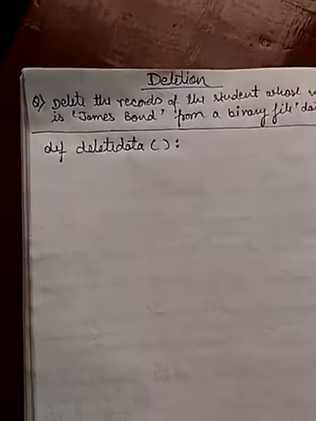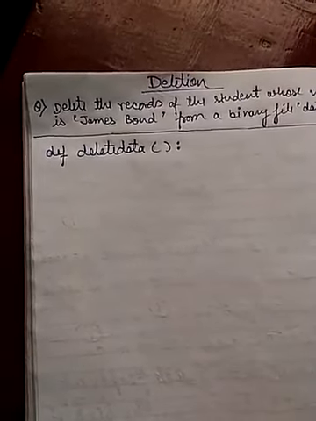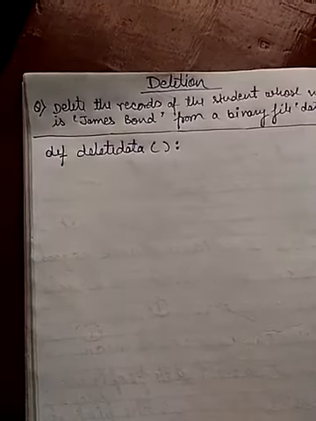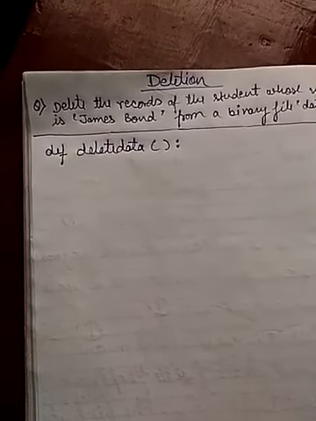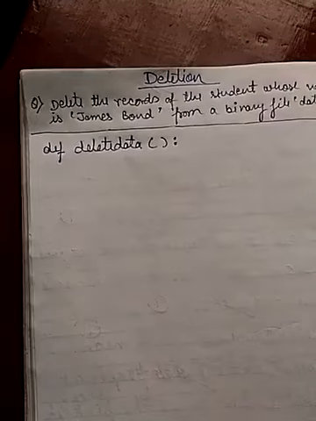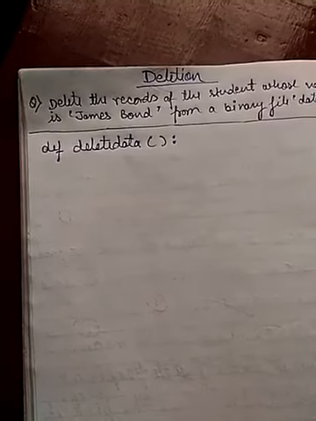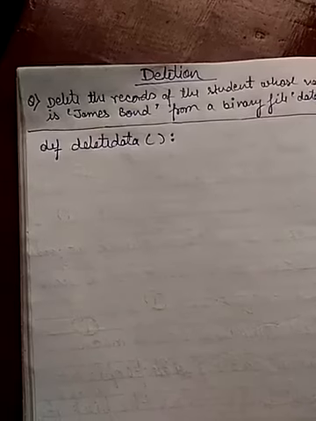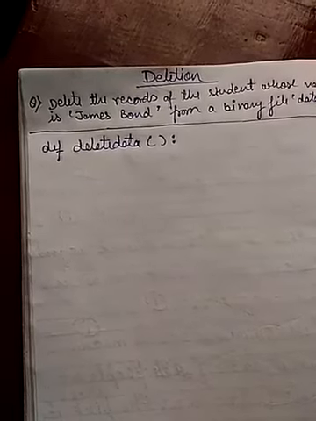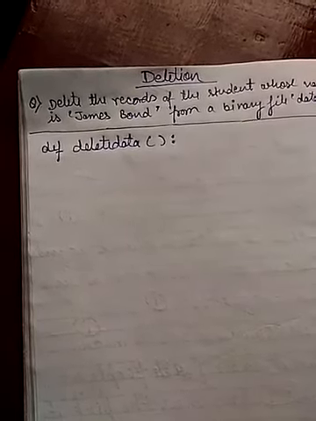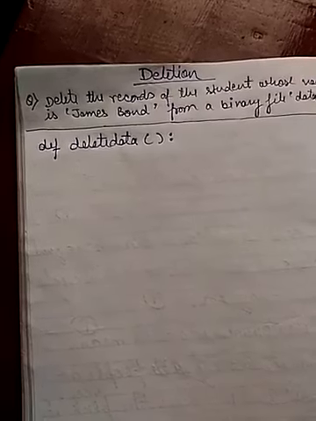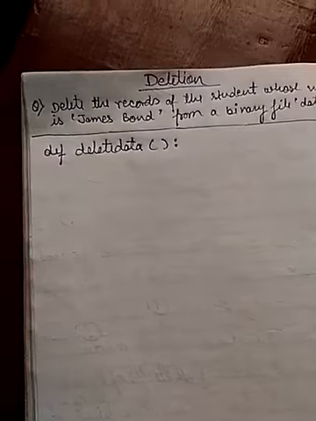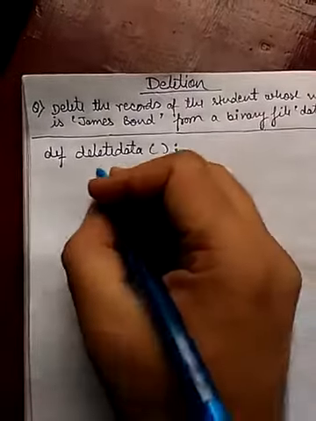Again remember that you cannot directly delete the data from any file. To delete the record from the file, first we have to copy the records by leaving out that record which is required to be deleted, and after that we will remove the original file and we will rename the other file in which the records are present, excluding the record which is required to be deleted. So how can this be done?